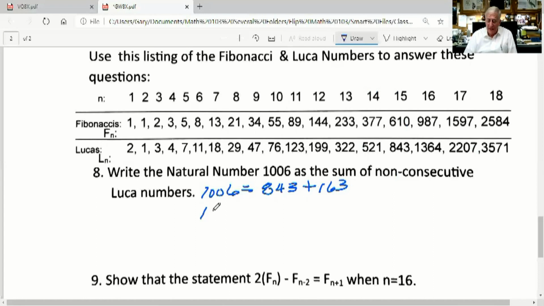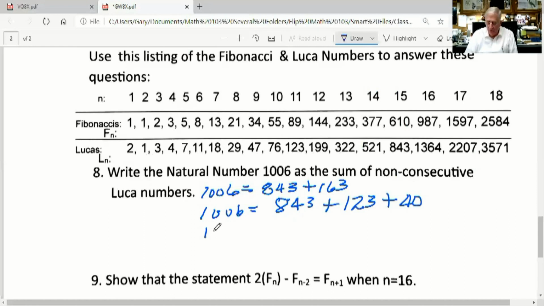So I keep going, 1006, 843, let me make a little better 8 there, plus, now what is the closest Lucas number that's smaller than 163? Well, it appears it's 123. How much did I miss 163 by? It appears it's 40, right? Is 40 a Lucas number? No, it is not. So I continue.